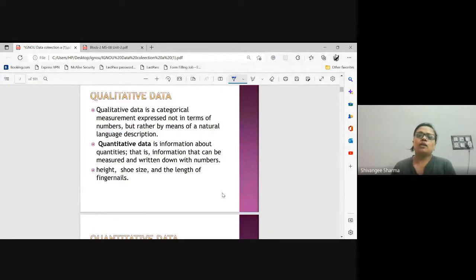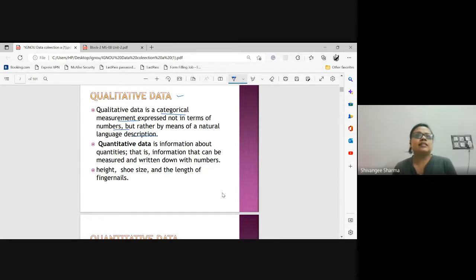Then comes qualitative data. So qualitative data is categorical measurement expressed not in terms of number, but rather by means of natural language description. So qualitative data is actually not the measurement in the form of numbers, but it can be in some language descriptions, like how satisfied are you with a particular product to which the research is going on.